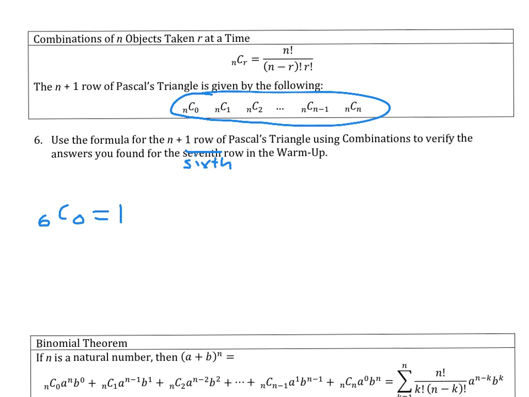6C0 is 1. Okay. So now we're going to do 6C1. If you have 6 options and you have to choose one, then there are 6 ways you can do that.